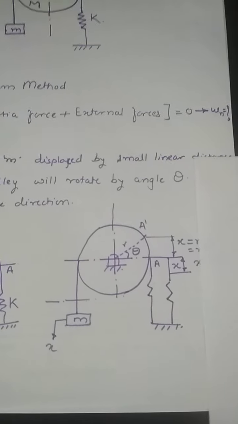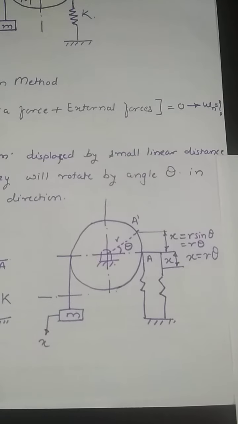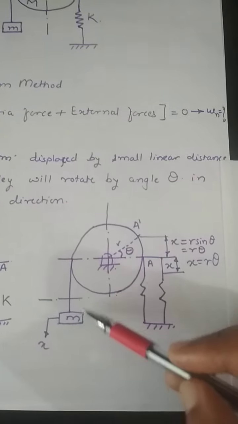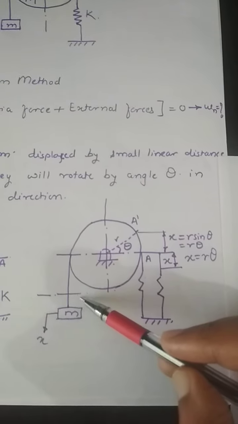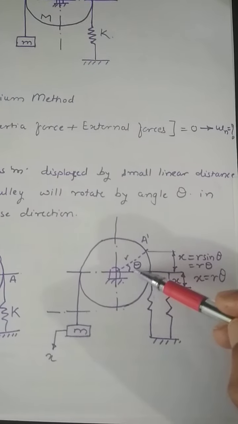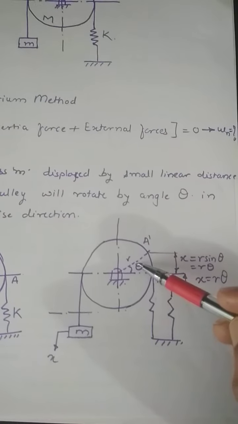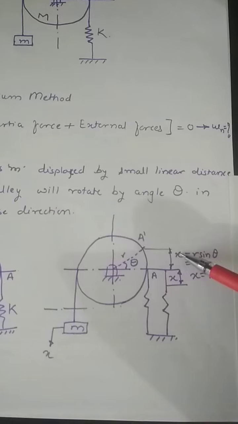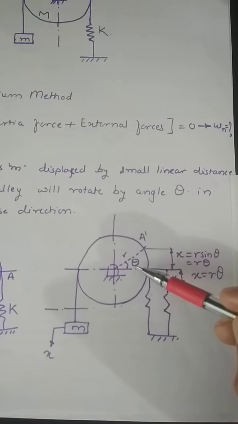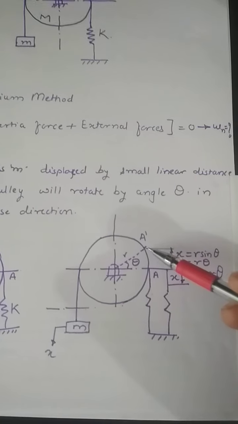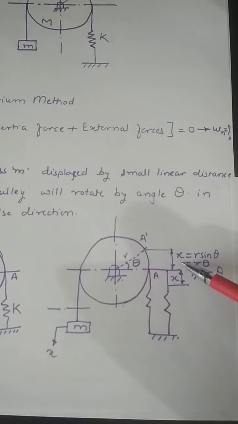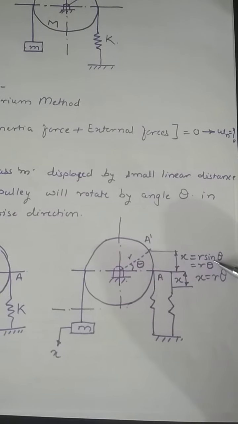We can see here, as the small m mass is displaced by x distance, theta is the corresponding angular rotation. The distance from A to A dash, if theta is a small angle, is approximately equal to x, and that x is equal to r sine theta.